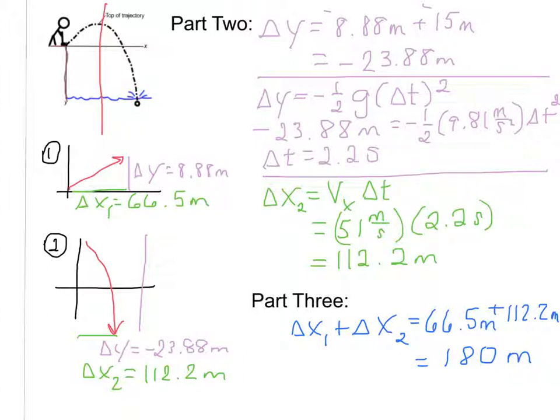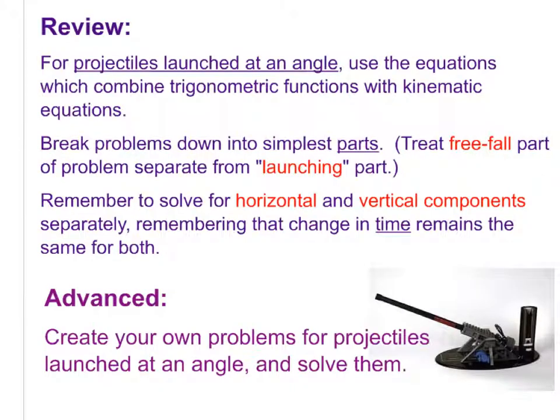We add them together, and we need to make sure our answer considers sig figs. We're limited by 2 sig figs, so it's 180 meters. Depending on some of your rounding, you may end up with 170 meters if you work this problem through on your own. Phew, we got through all that calculation. Good going, guys. I hope you could hang in with me, and you'll get to practice some of these on your own.